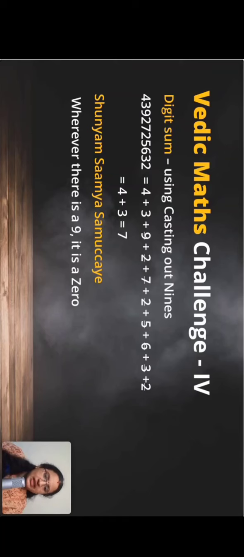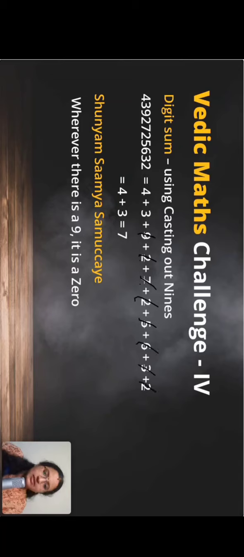I will repeat. You write the large number by splitting with a plus. You cancel all the 9s and combinations of 9. So 2 plus 7 is a 9, 5 plus 2 plus 2 is a 9, 6 plus 3 is a 9.